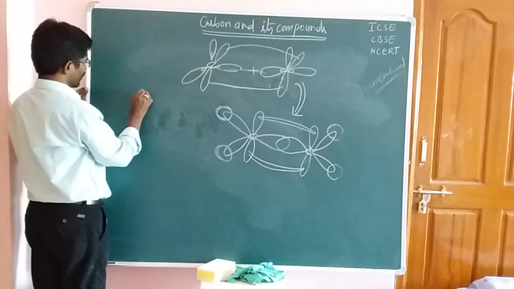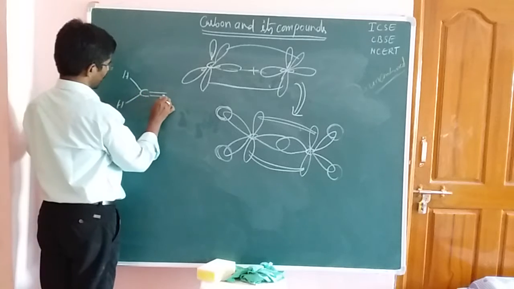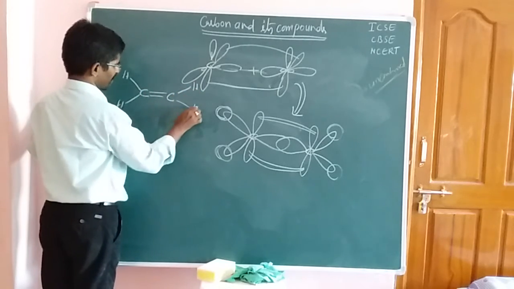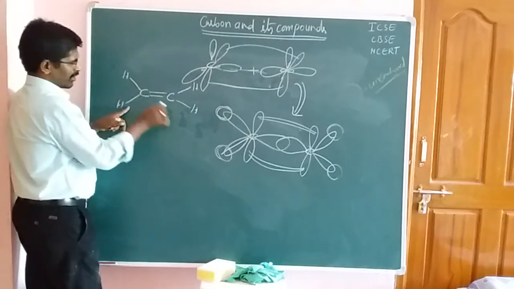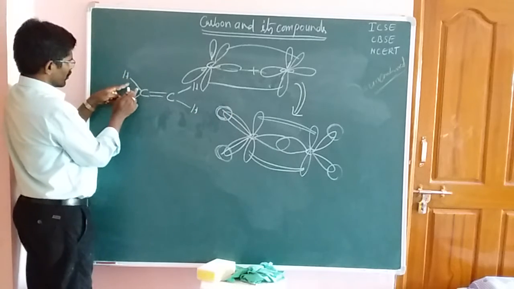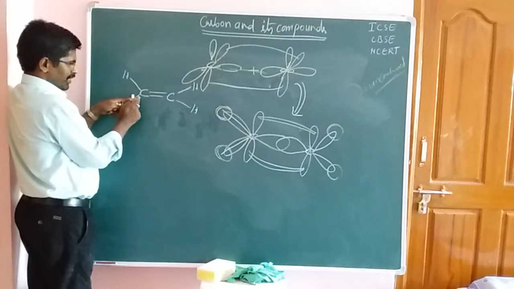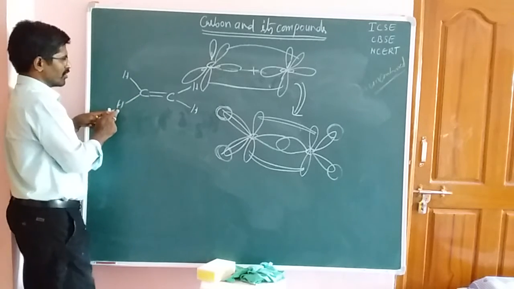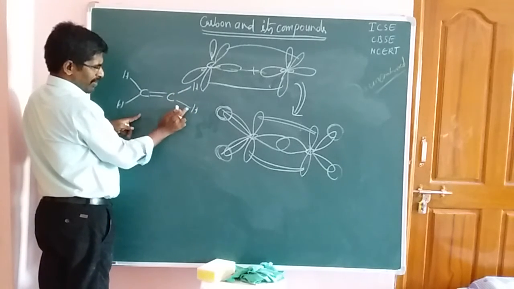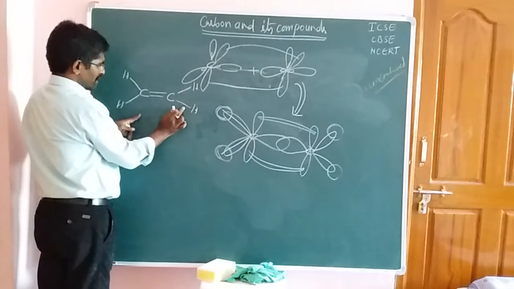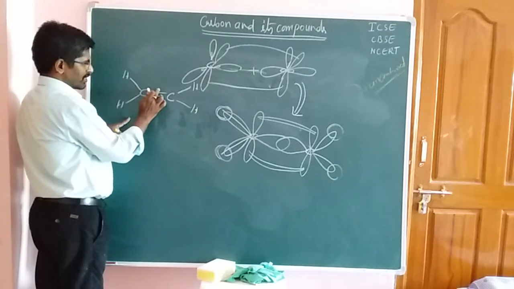Actually I will take one molecule with carbon, a hydrogen atom and hydrogen atom, double bond with carbon, and hydrogen atom and hydrogen. So the p orbital overlaps with the s orbital of hydrogen, and here also the p orbital overlaps with the s orbital of hydrogen. So here one sigma bond, one sigma bond, one sigma bond, and one sigma bond. So one is the sigma bond and the second one is the pi bond.